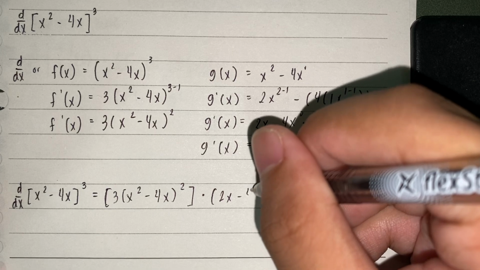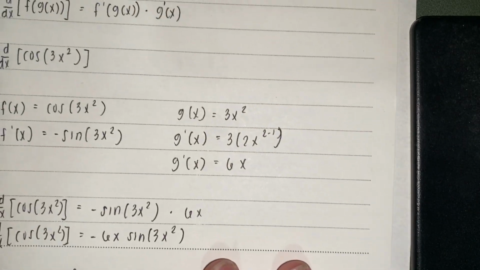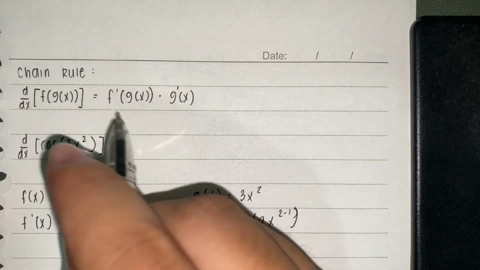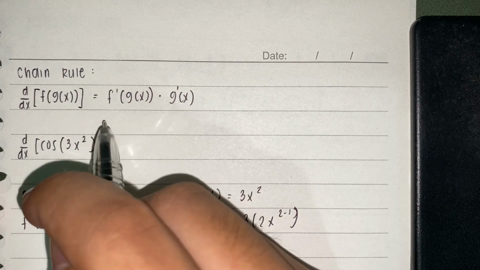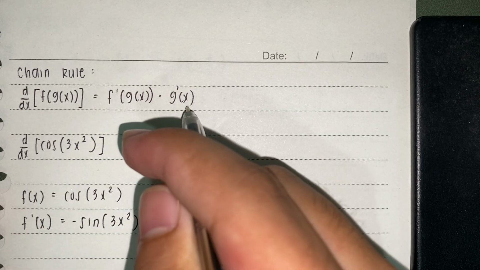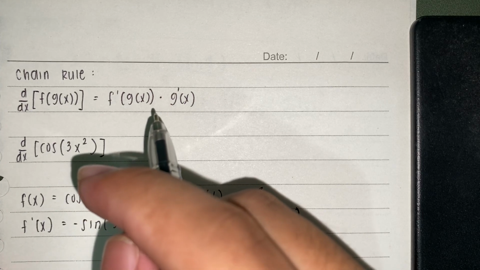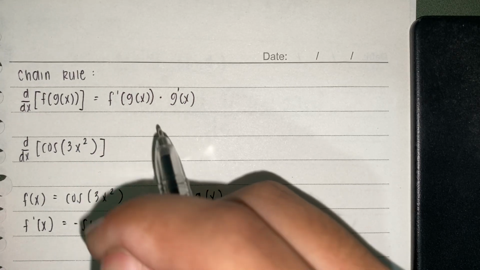2x minus 4. So by the way, I made a wrong statement earlier where I said that in chain rule you're just going to multiply the derivative of the larger equation to the original equation inside. That statement is wrong, so I apologize.